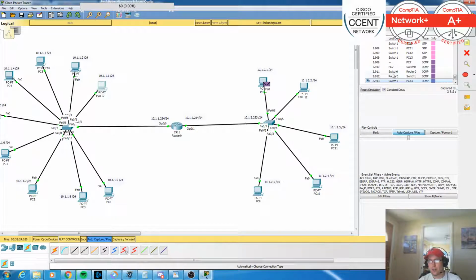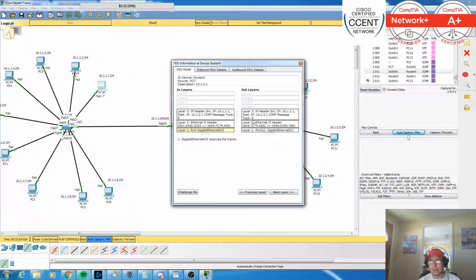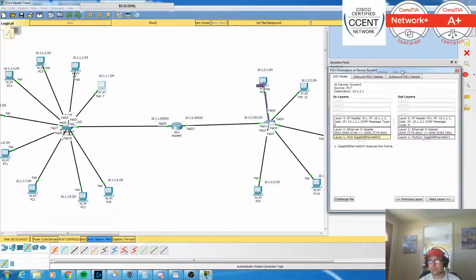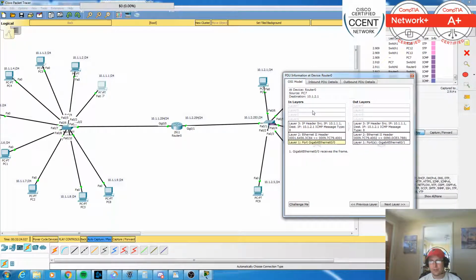But if we go back and take a look here, notice now it's returning the information here. And we look here at the end layers as it came in from 10.1.1.1. Notice the destination is 10.1.2.1. Notice the layer 2 header here. Look at the MAC addresses. But whenever he sends it out, notice the change here by the layer 2.